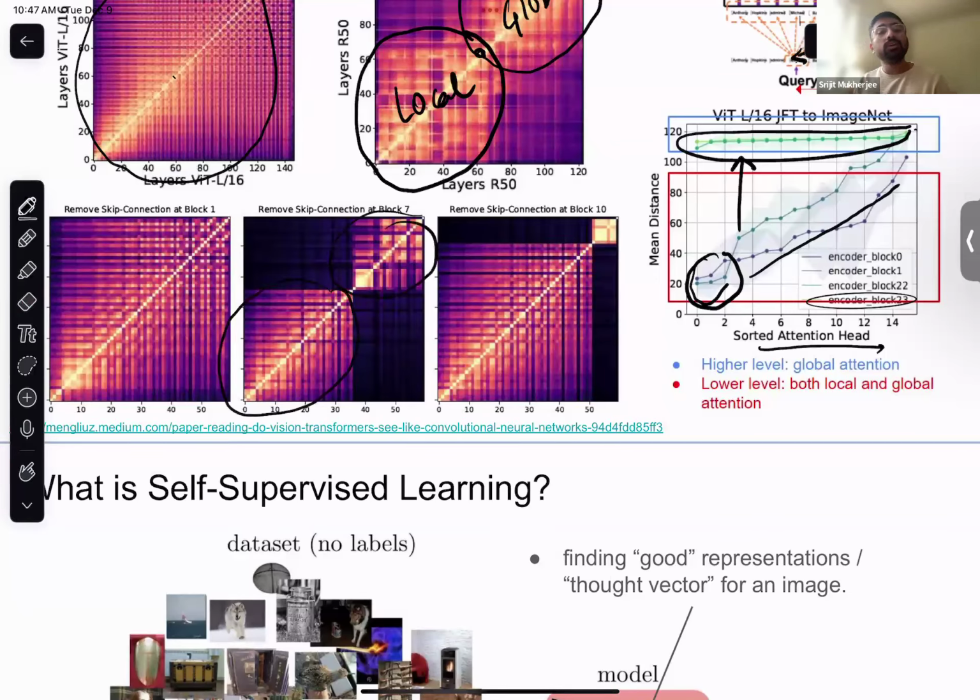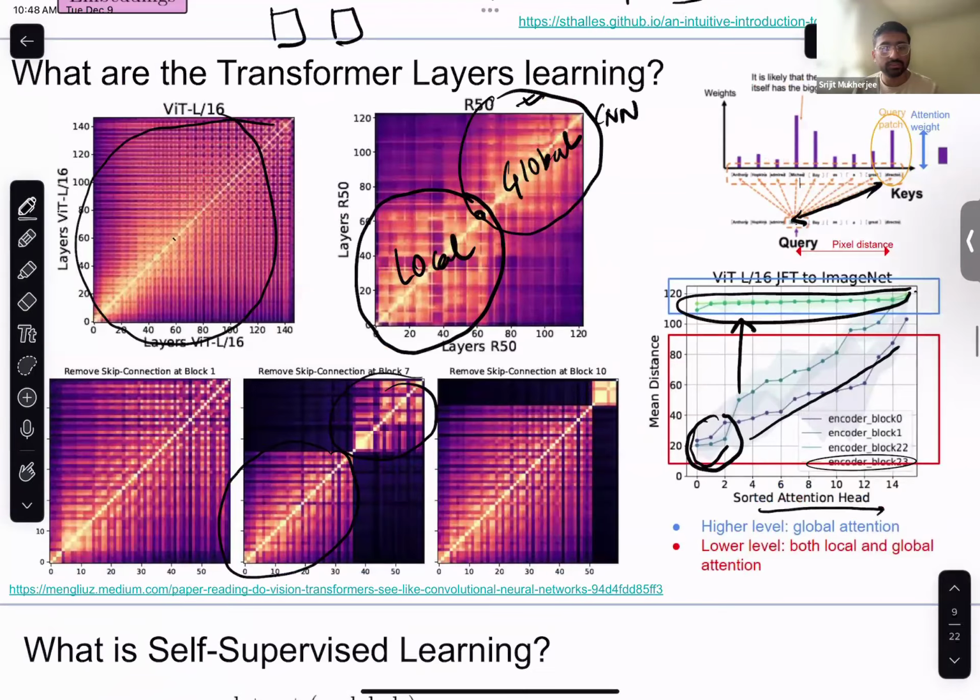This is also another reason why you need a skip connection, so that it keeps on reminding the network not to forget what it has learned previously, the low level features. So this is important. Any questions on this slide apart from Devendra's one?